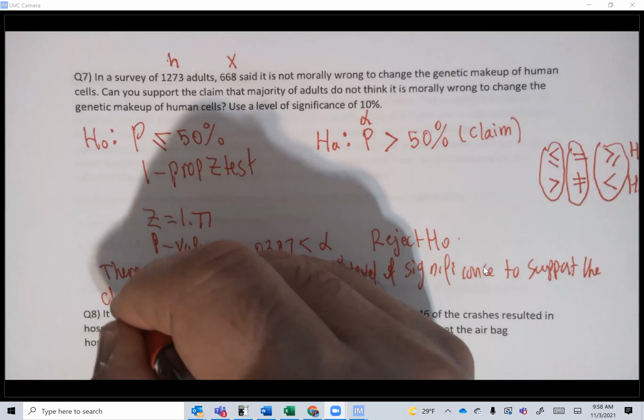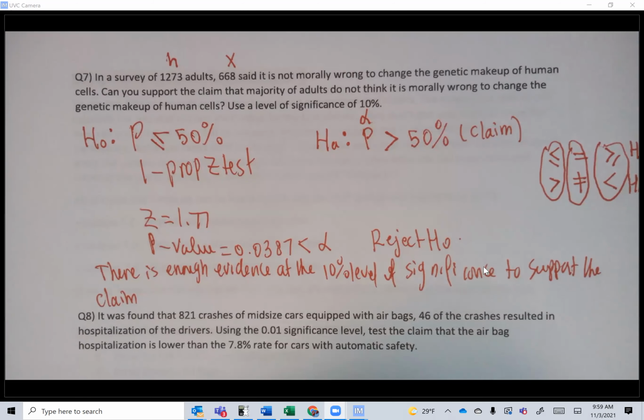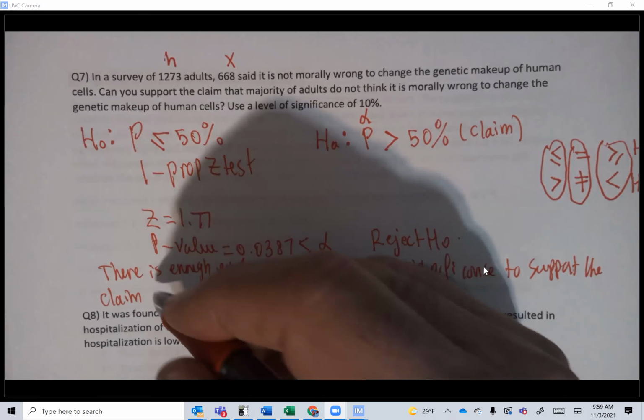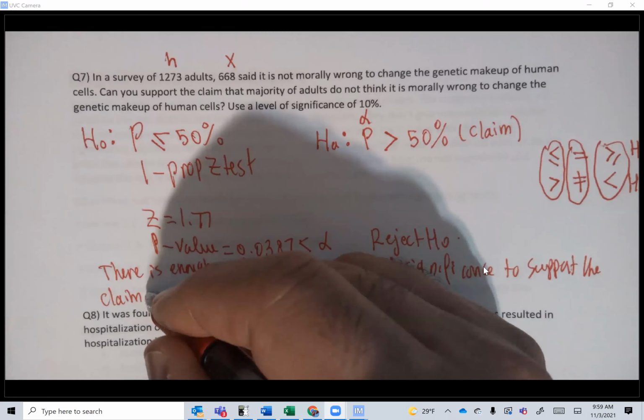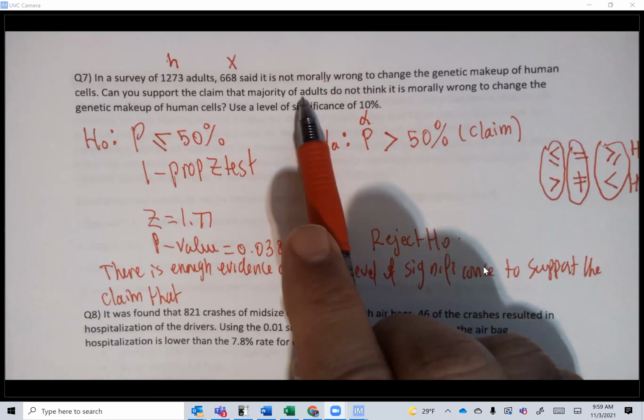Maybe you wonder, I haven't used the word reject because all the questions we did today, the claim happened to be in HA. I'll make sure to do a question where the claim is in H0, so I show you what to use there. There is enough evidence at the 10% level of significance to support the claim that majority of adults. Just copy and paste, guys.